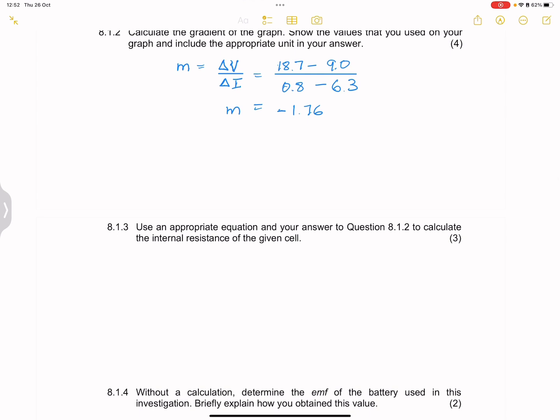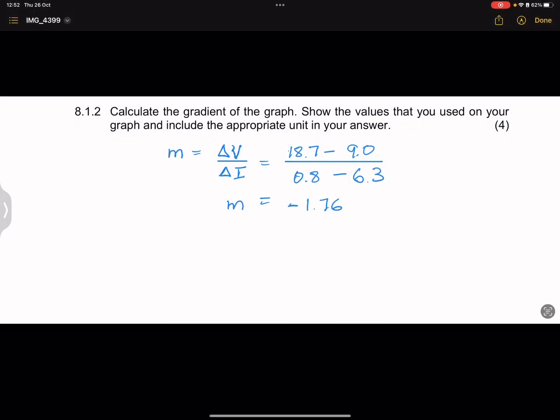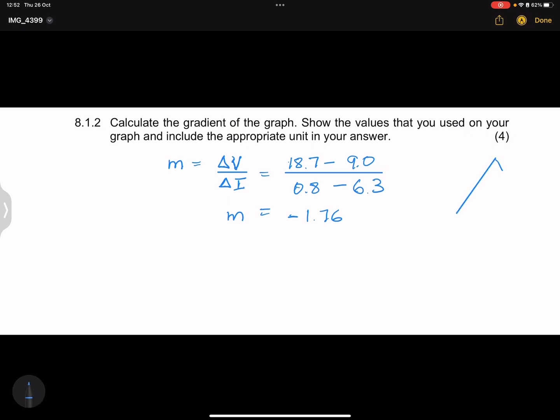Now they said also include the unit in your answer. The unit that we have would be voltage divided by current, so that's volt per ampere. But I want you to think about it, ladies and gents.